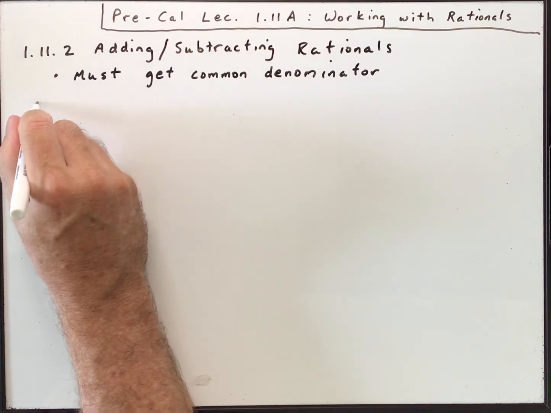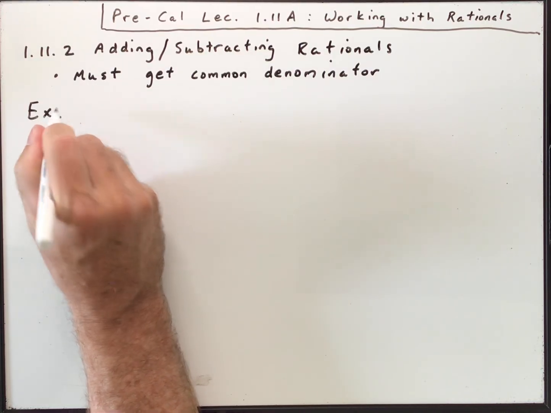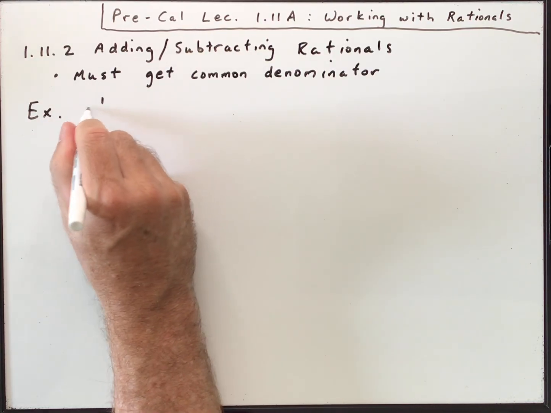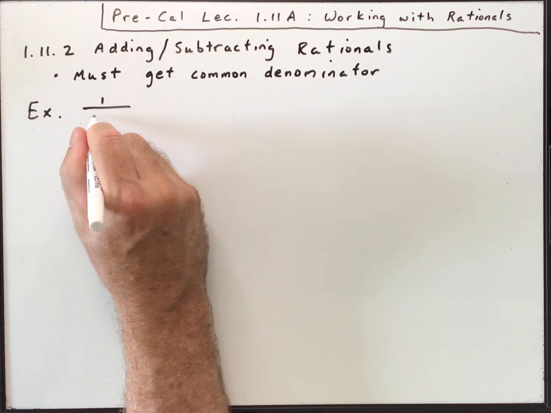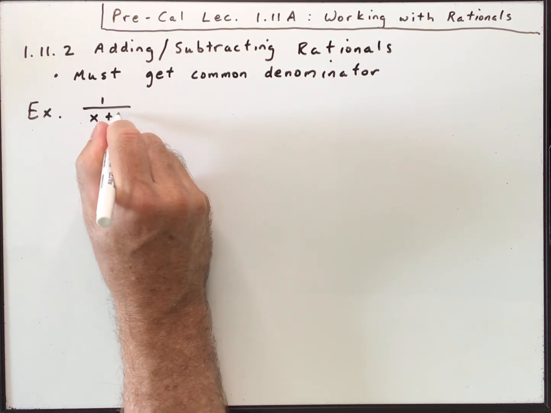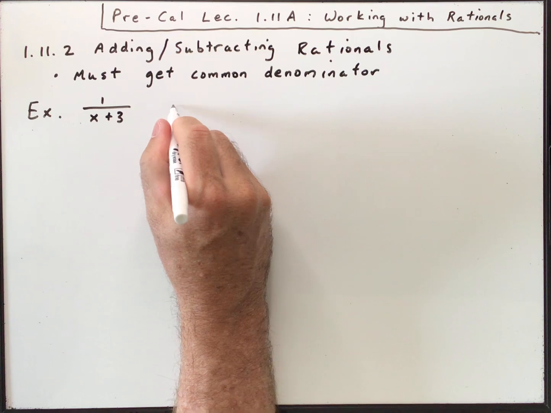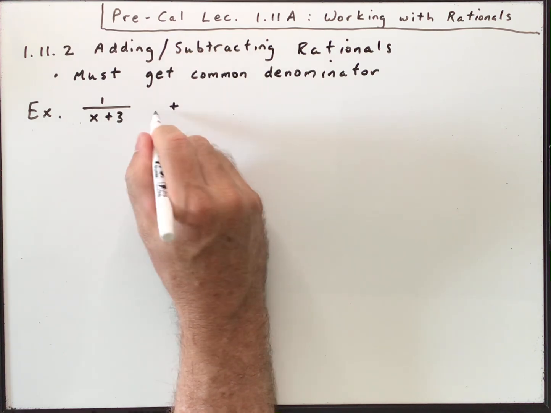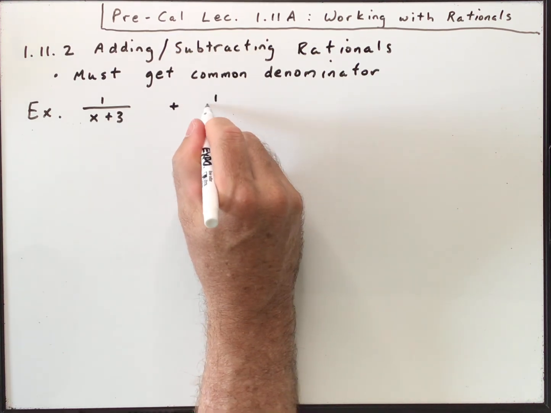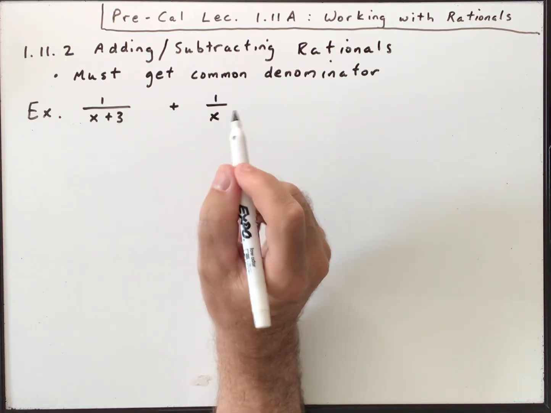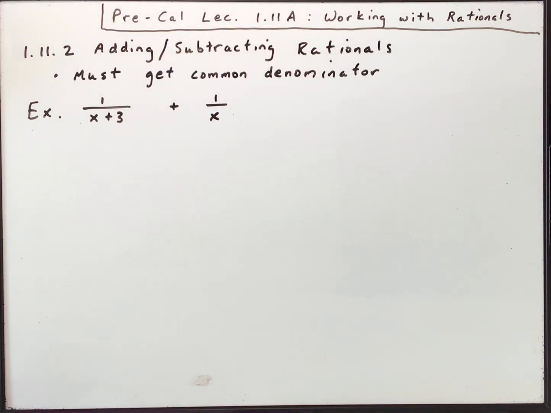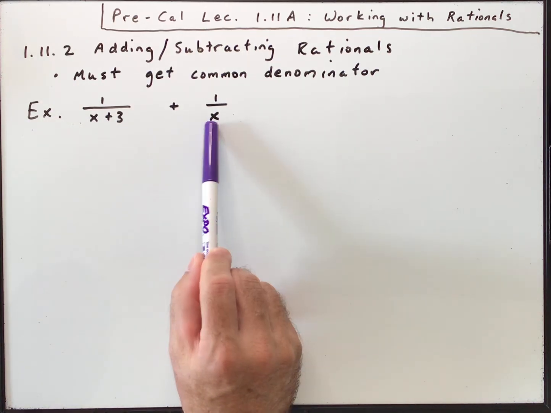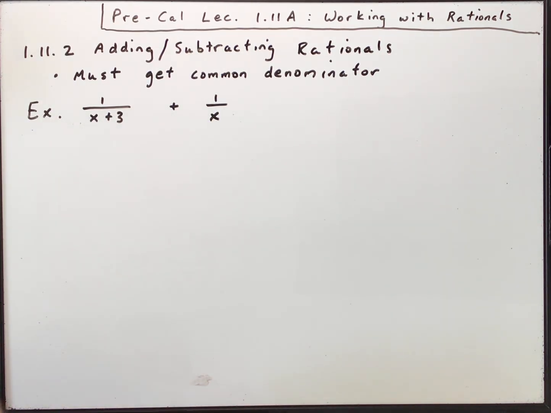Okay, so let's just go straight into the examples here. Let's say we've got 1 over x plus 3 plus, and I want you to leave a little room in between, 1 over x. So I'm going to show you what to do here. To get a common denominator, really what we're going to do is multiply the two denominators together.